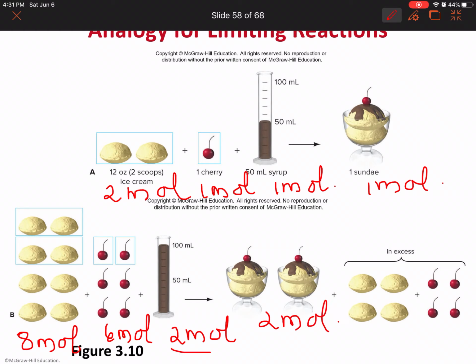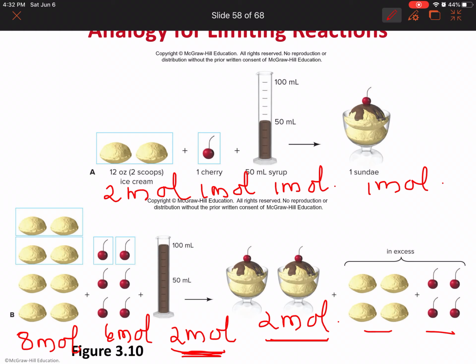So based on the limiting reactant number of moles, you're going to get the product number of moles, irrespective of how much in excess the other 2 ingredients, your cherries and ice cream, are going to be. Whichever gives you the lowest number of moles will give you the number of moles of product that you can make, and these would be in excess.